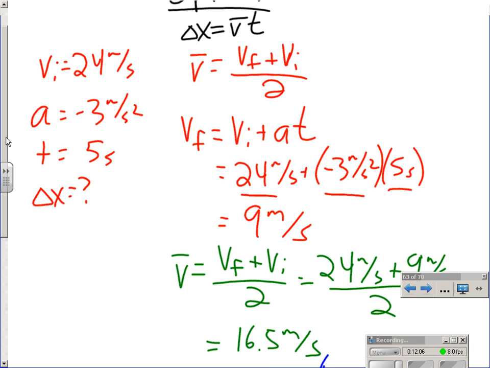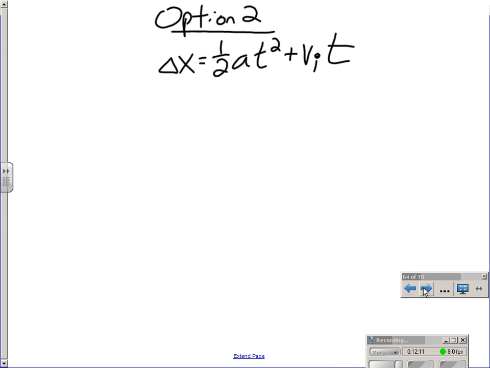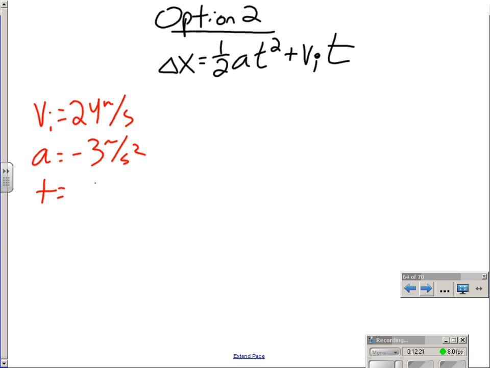Okay, so it turns out for this one, option 2 is actually the easier one. So let's do it now. Here's what we know. We know our initial velocity was 24 meters a second. We know our acceleration is -3 meters a second squared. We know our time is 5 seconds. So, oh, we know everything. You just plug in your numbers. 1/2, the acceleration is -3 meters a second squared.